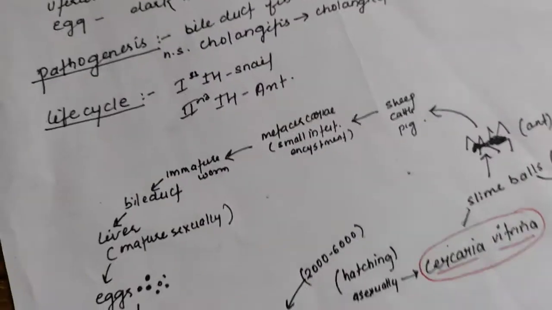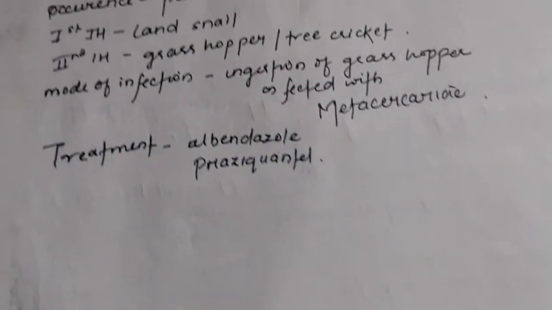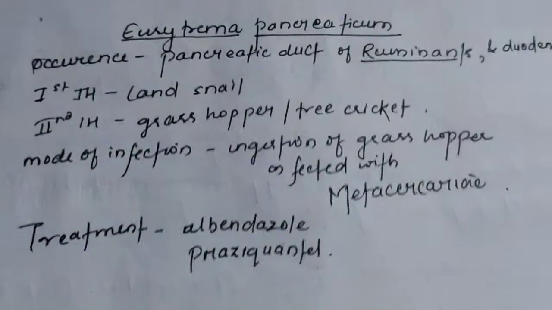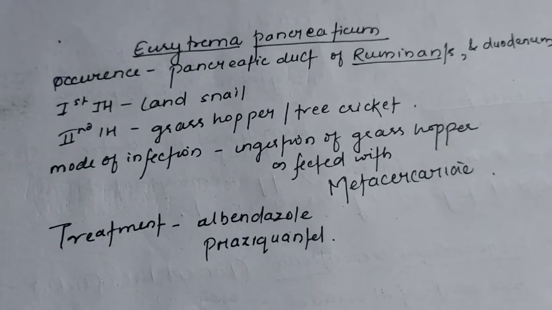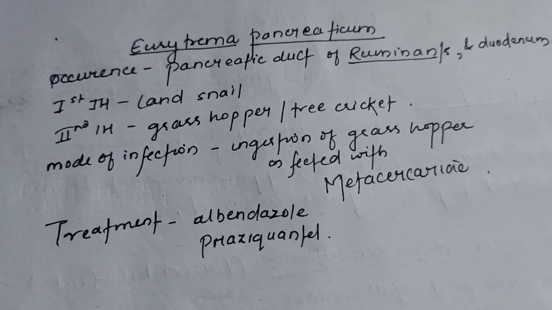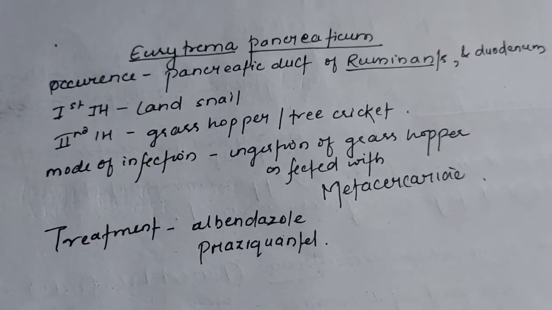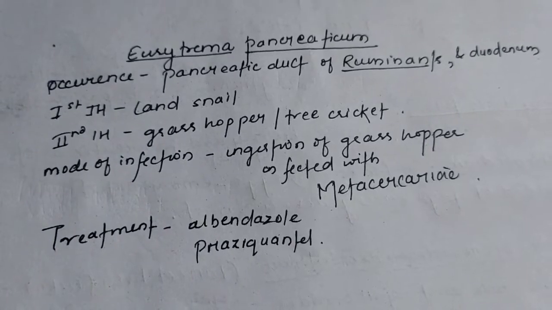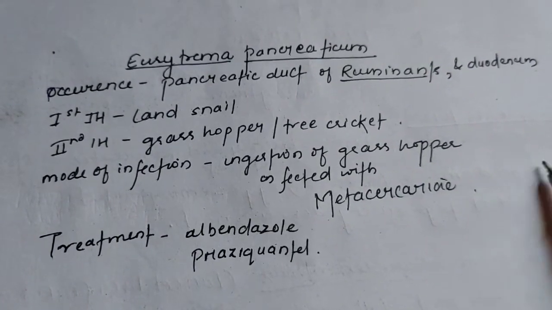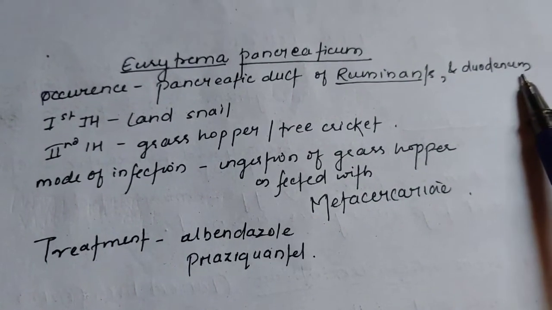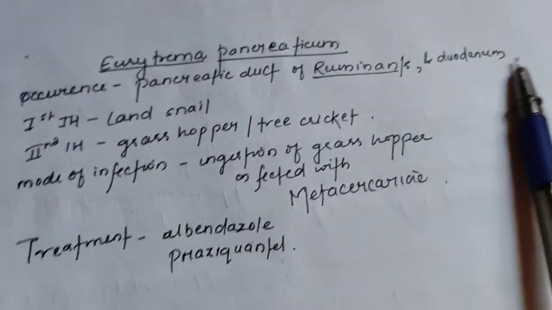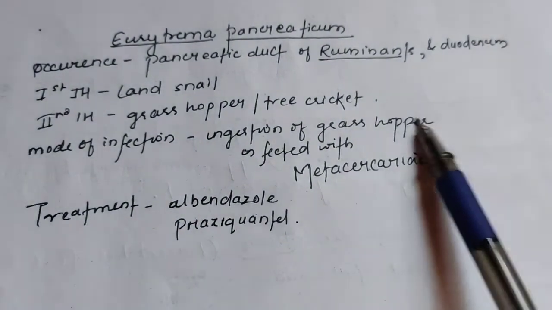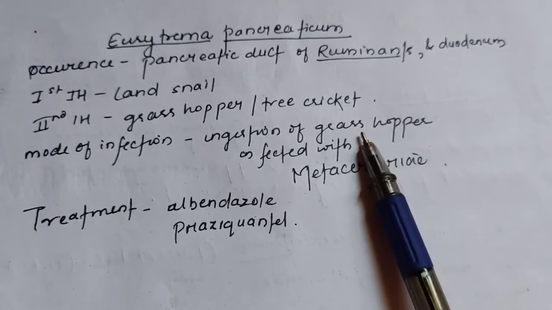Now we will study about Eurytrema pancreaticum. This Eurytrema pancreaticum occurs in the pancreatic duct of ruminants and can be seen in the duodenum and bile duct, but it is mainly seen in the pancreatic duct.